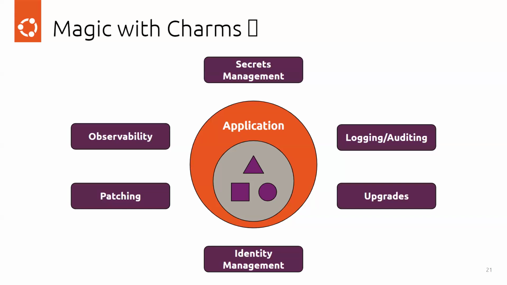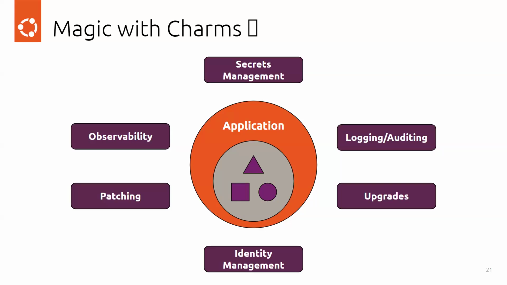If you look at the center of the screen here, you'll have application. You can think of that as a core OpenStack service. Then you'll have code that goes around a lot of the common operations it might have, whether it's logging and auditing, how to handle that, how to set up identity management, and also manage secrets if you have some confidential information.